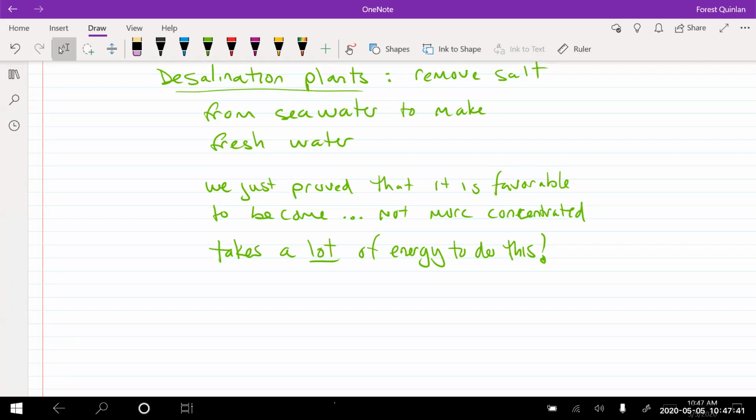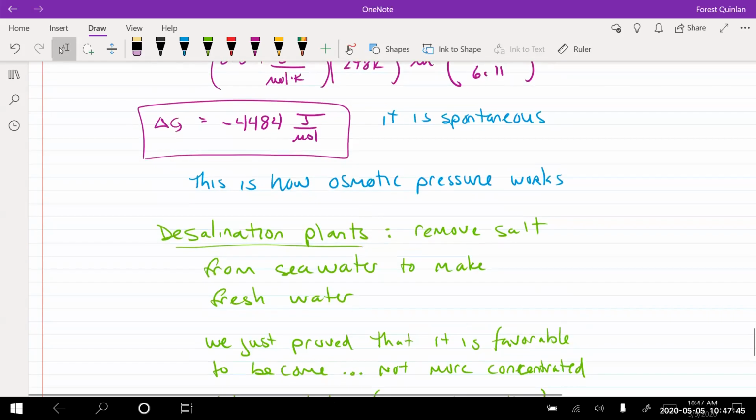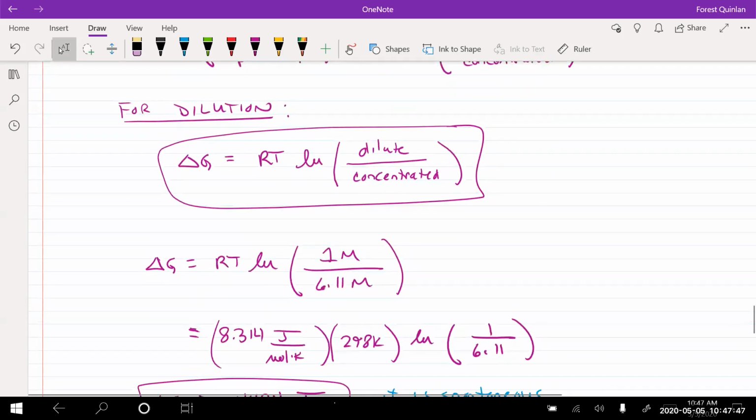Hey, Forrest, I have a question. When can we use this equation? The simplified version? Yeah, dilute over concentrated, when you're seeing how much energy can be done by diluting. Or if you're not comparing dissimilars, right?